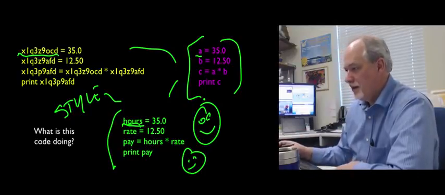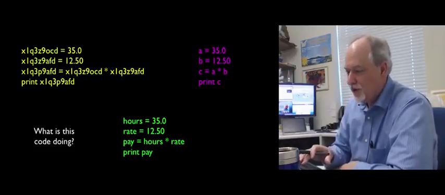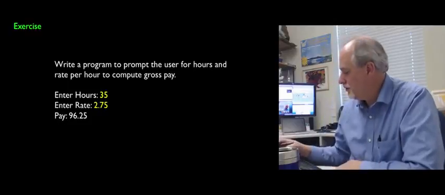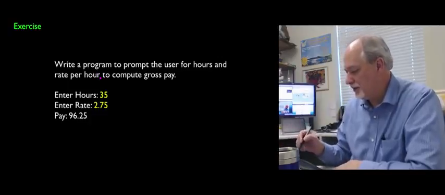So, you have a couple of assignments at the end of the chapter. One of the assignments is to write a program to prompt the user for hours and rate per hour and compute pay. I won't do this here, but just a couple of things.